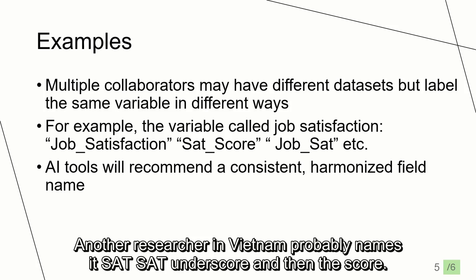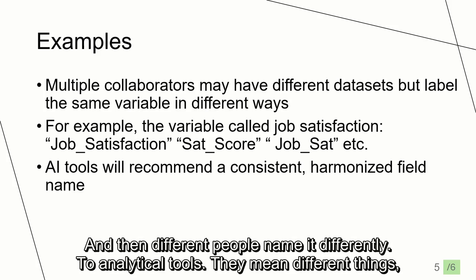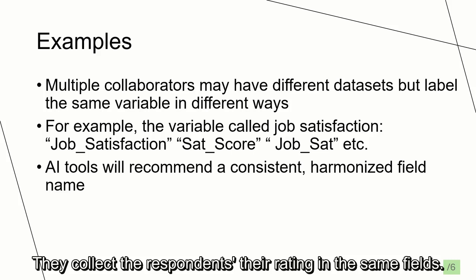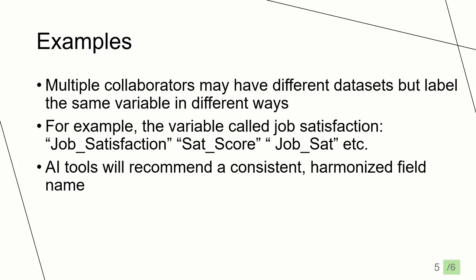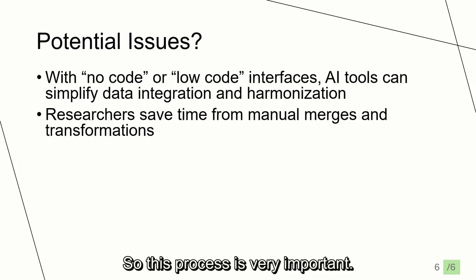Another researcher in Vietnam may name it sat underscore and then the score. Maybe the Australian professor names it job underscore sat. Different people name it differently, and to analytical tools, they mean different things, although they are actually the same thing: respondents' ratings in the same field. Because we name them differently, analytical tools will not recognize them. So we need to harmonize the fields with a consistent name. This process is very important.